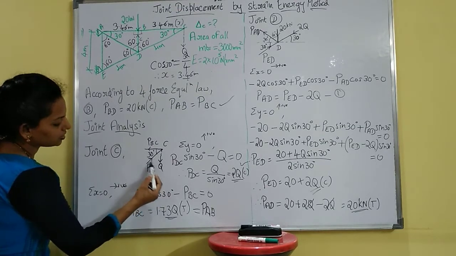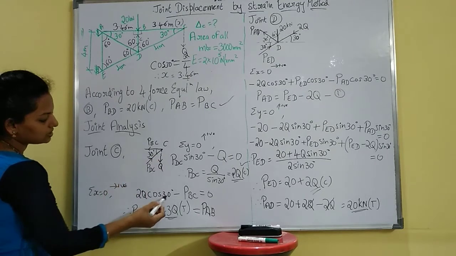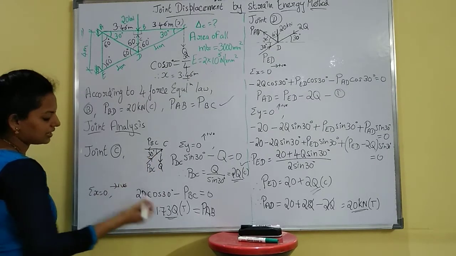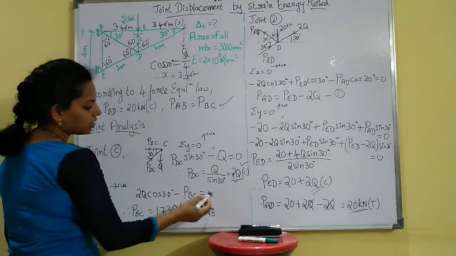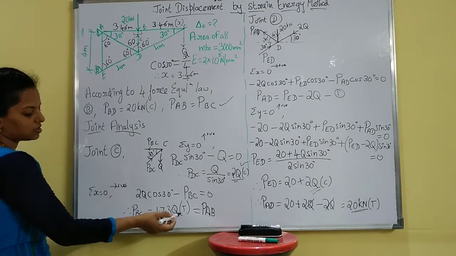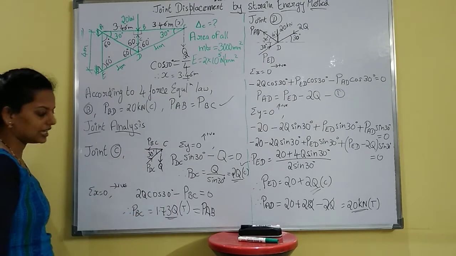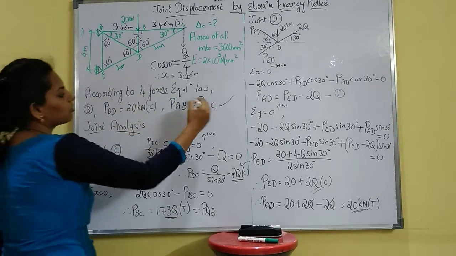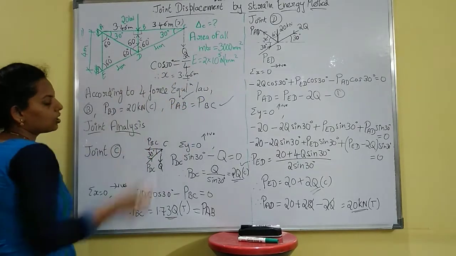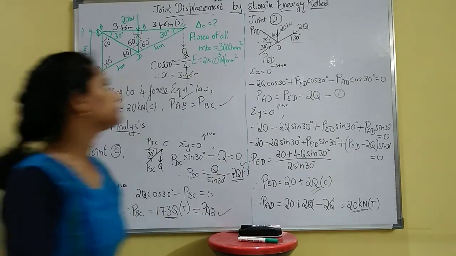PDC is now known, that is 2Q, so 2Q cos 30, which is towards the left, minus PBC equal to 0. Find out PBC, you will get 1.73 times Q, and here it is away from the joint, so it is tension T. PBC is also equal to PAB from this 4-force equilibrium law, so directly you can write it equal to PAB.